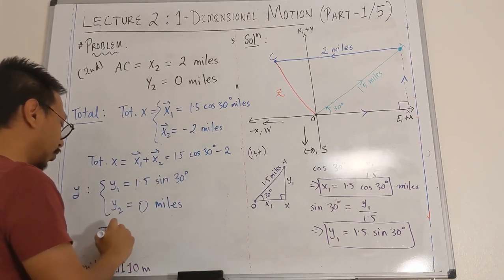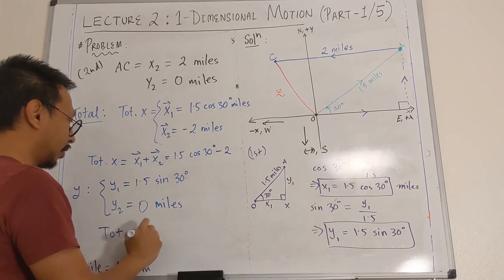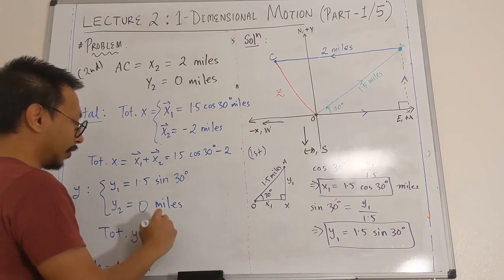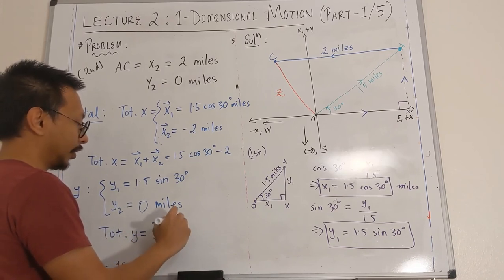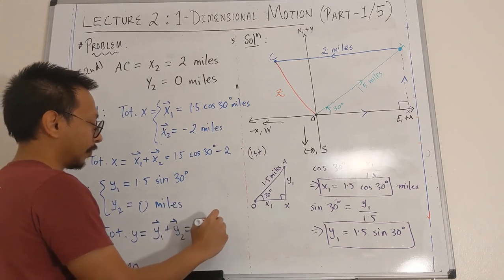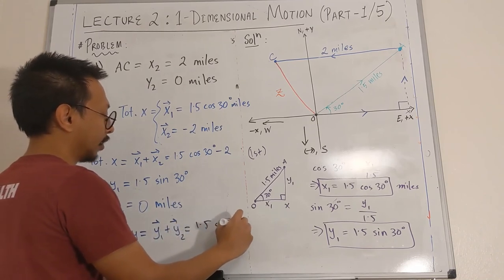Therefore total of y is equal to y1 vector plus y2 vector, which is just 1.5 sine 30.